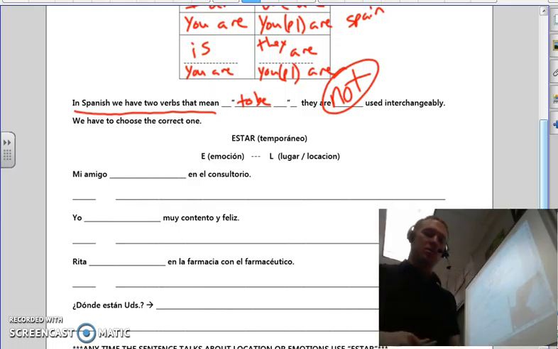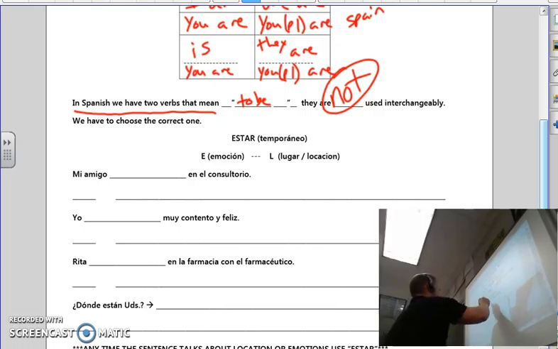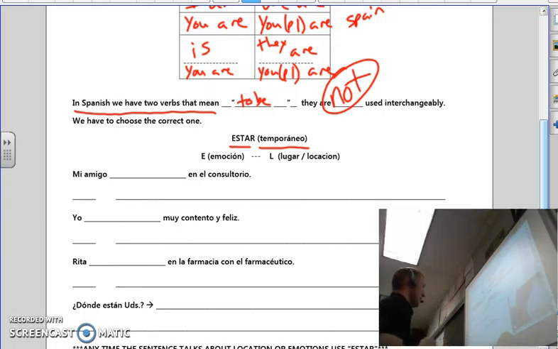So here you go. We have estar. We're going to learn about estar first. And this isn't 100% correct all the time, but we can basically say estar is used for more of temporary things. Okay? Temporary.